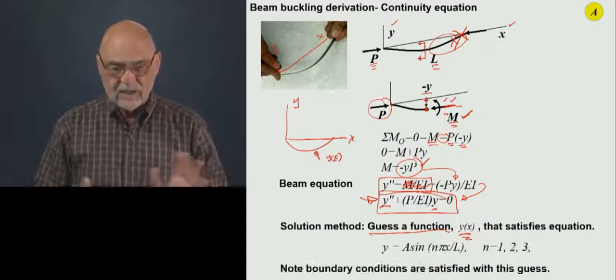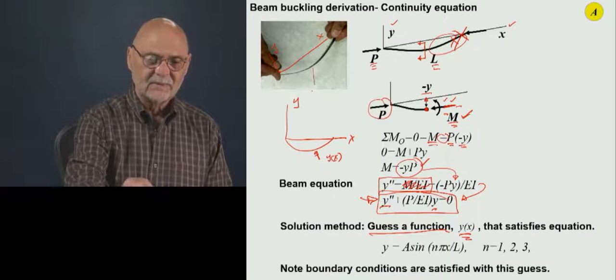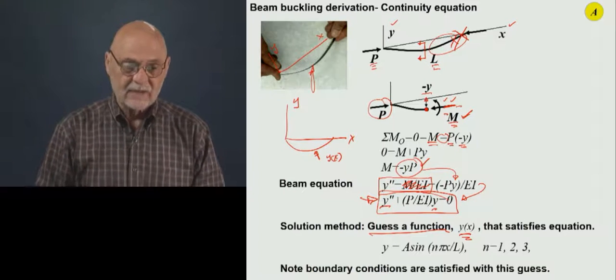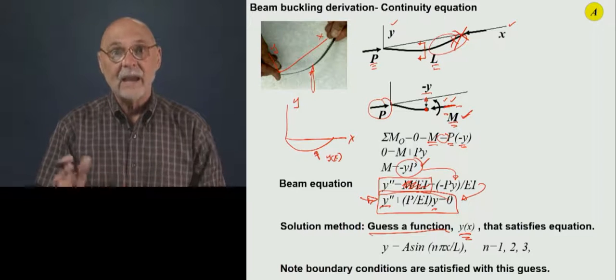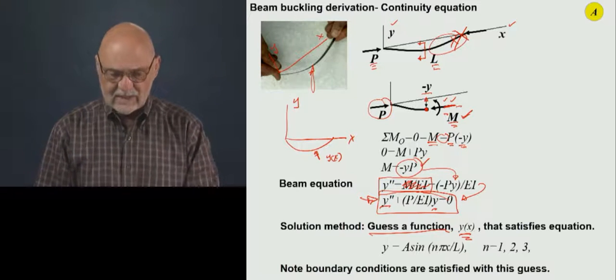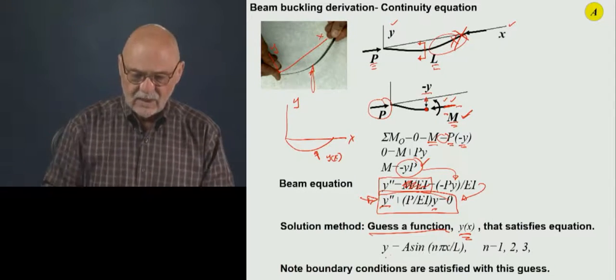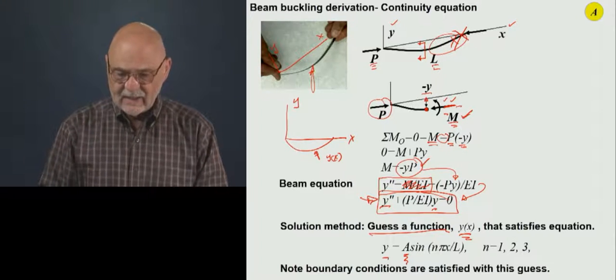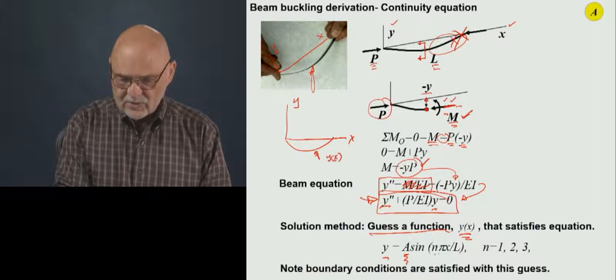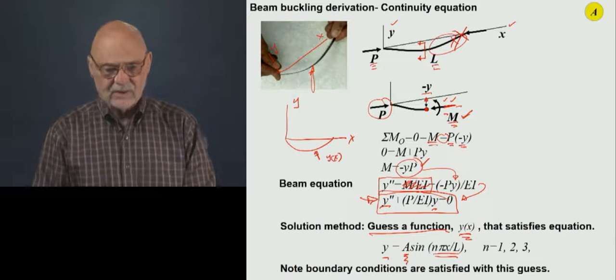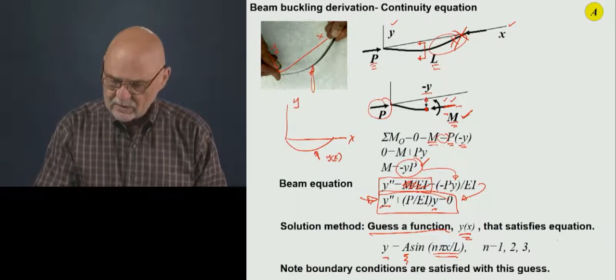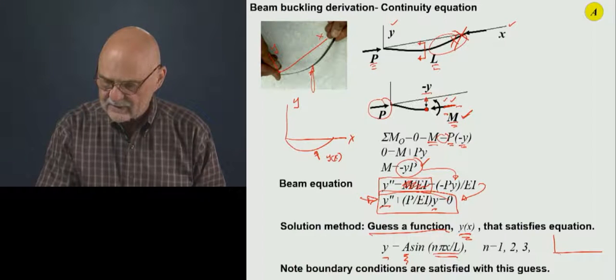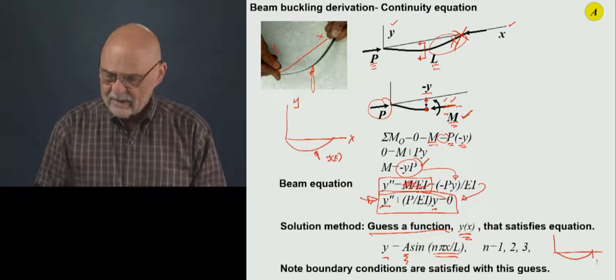Okay? So what's a good guess? Well, we don't have to be too creative. We can just look at that and say, boy, that looks an awful lot like half a sine wave. So let's take that as a guess. So y is some amplitude times a sine. We don't know the amplitude of the sine wave, but all of this just says that it's going to look something like this, if this is the length.